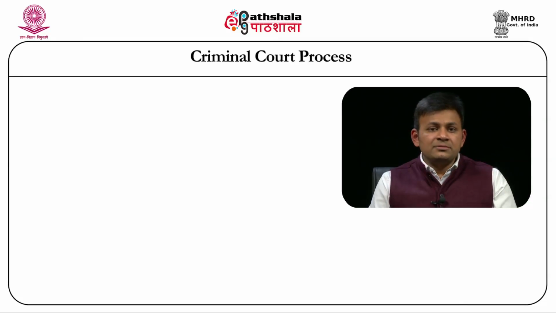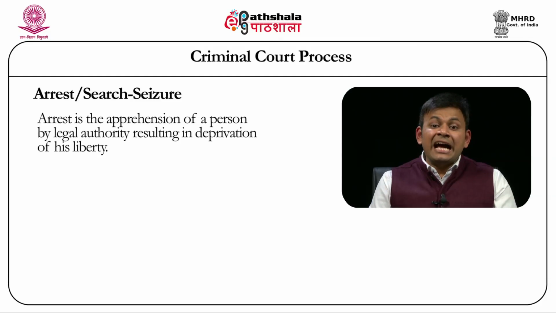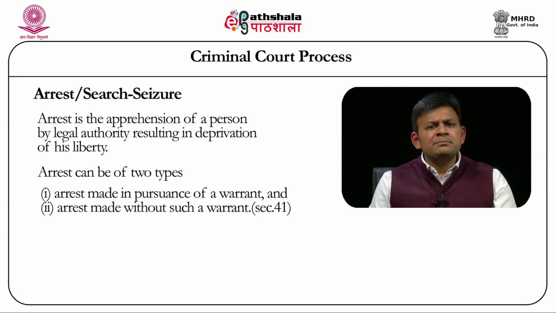Another important aspect in the pre-trial process is arrest and search. Arrest is the apprehension of a person by legal authority resulting in deprivation of his liberty. Arrest can be of two types, one made in pursuance of a warrant and other made without such a warrant.